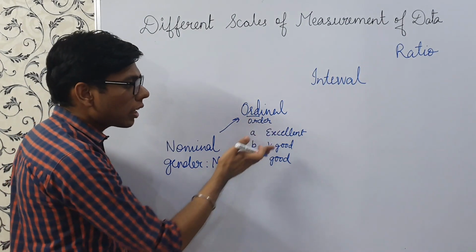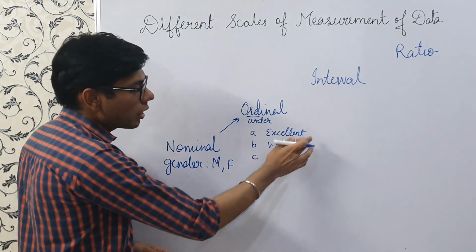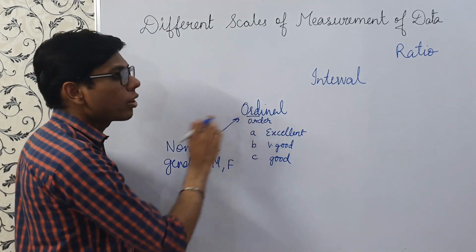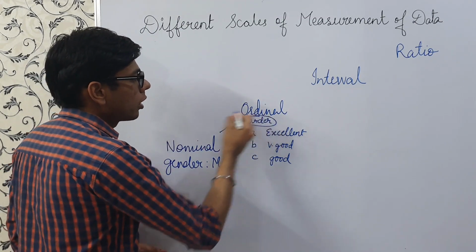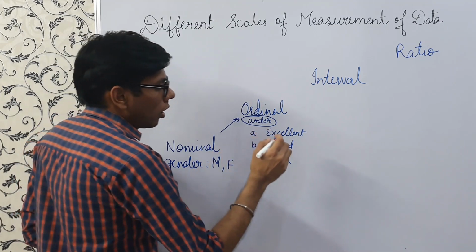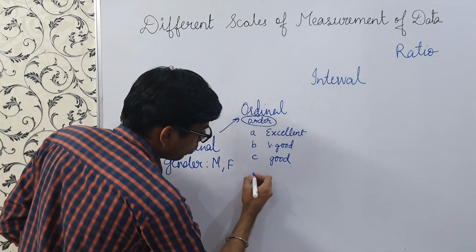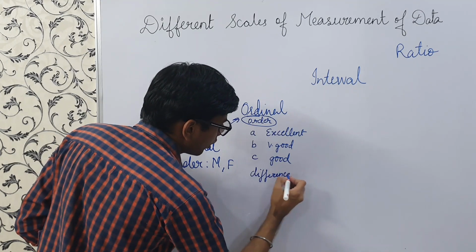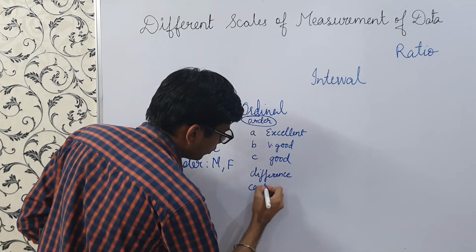These are categorical variables only, but there is a relation between these categories. That means the order is there between these categories. But the point to note is that the difference between these categories cannot be measured.